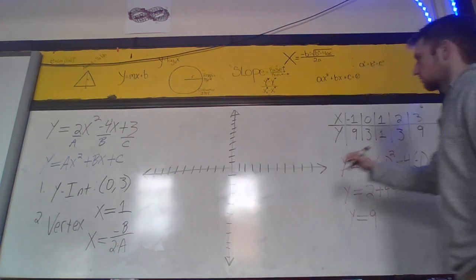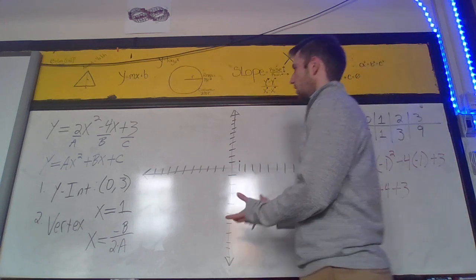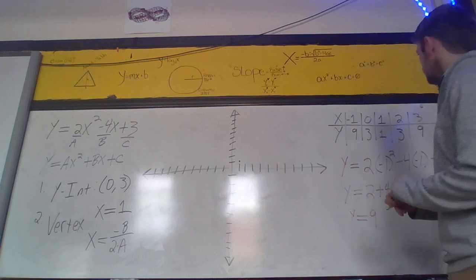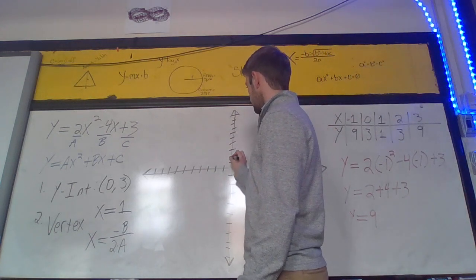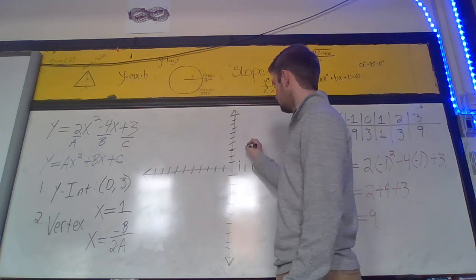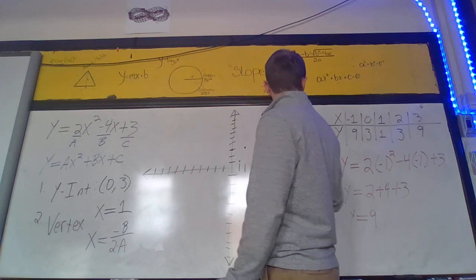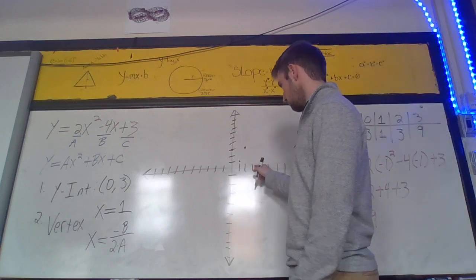Let's start with our vertex. Okay, vertex is going to be at 1, 1. Okay, we're curling infinitely upwards, so let's go to our y-intercept, which is going to be 0, 3. And then the mirror image, which is going to be 2, 3. And then we've got the point 3, 9, and it's going to have a mirror image.